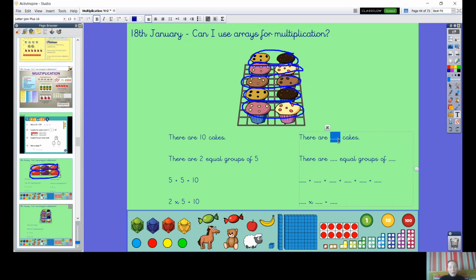So we've still got 10 stars, but we have got 5 equal groups of 2. So that is 2 add 2 add 2 add 2 add 2, which gives us our 10. We'll make the multiplication by saying we have got 5 groups of 2, 5 multiplied by 2. So well done for getting those right.